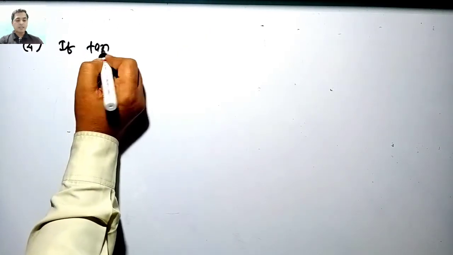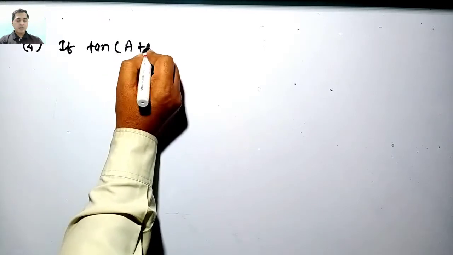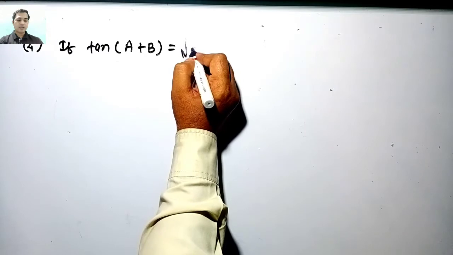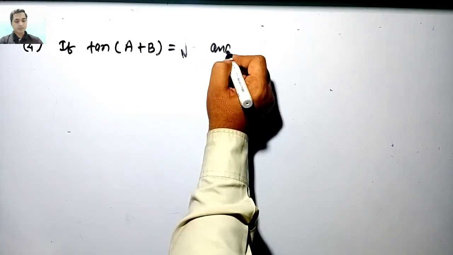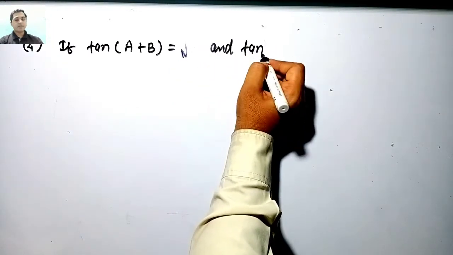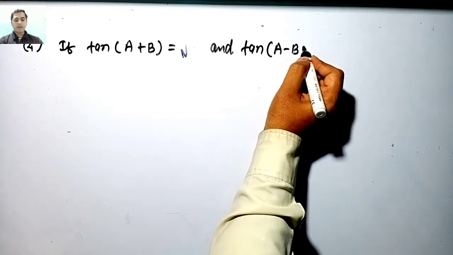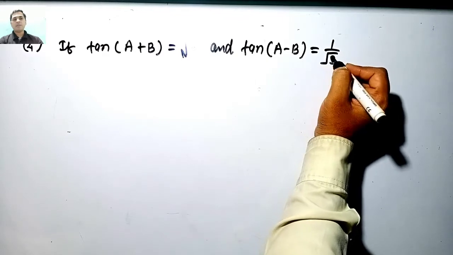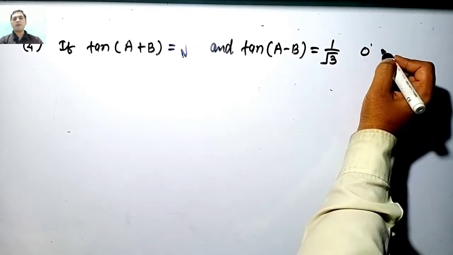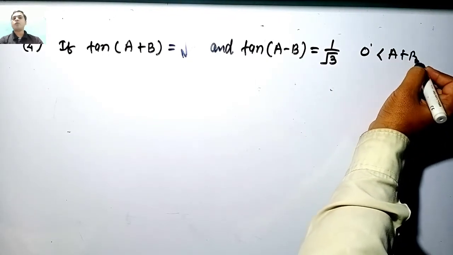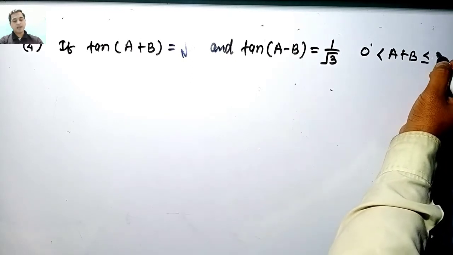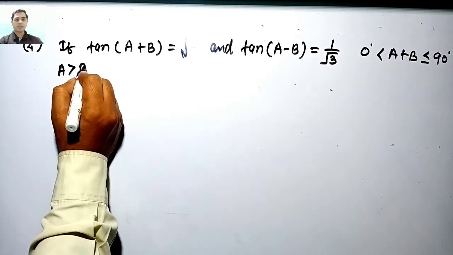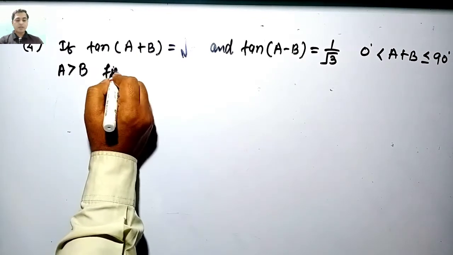The question is, if tan a plus b is equal to root 3 and tan a minus b is equal to 1 upon root 3, where 0 is less than a plus b, less than or equal to 90 degree, and a is greater than b.